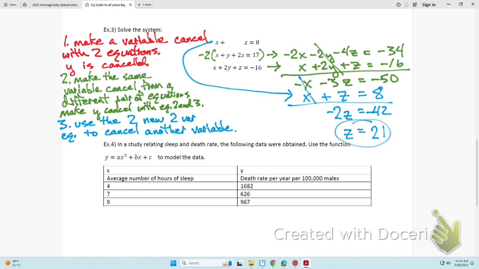Step 4, I'm out of room on my steps, and I'm running out of colors. Back substitute to find remaining variables.